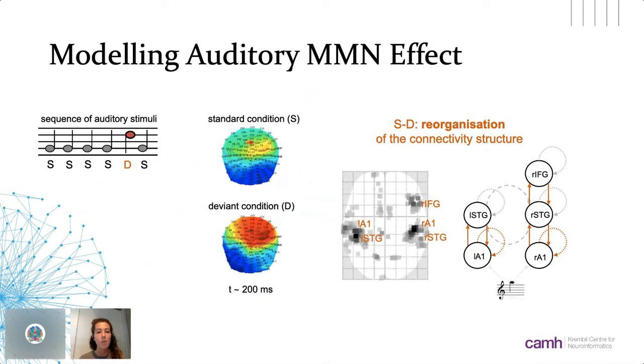Through previous fMRI studies, it's thought that this prediction error signal is reflected in connectivity changes between the primary auditory cortex, secondary auditory cortex, and inferior frontal regions. So basically, our brain tries to infer the causes of its sensory input, and the prefrontal cortex is interested in the amount of surprise.